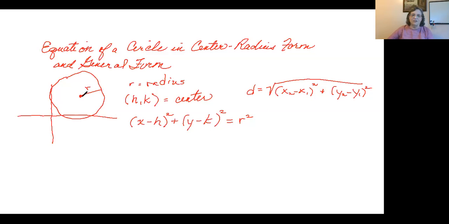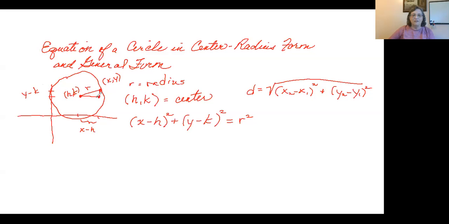So this is essentially based on the distance formula, where this is the point x, y, this is the point h, k, and the distance between here and here would be x minus h, and the distance between here and here for this side would be y minus k.